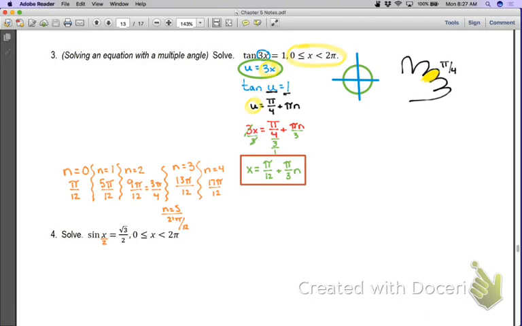I'm going to do the same thing on number 4 as I did on number 3, as far as I'm going to take what I have here, and change it to where u is equal to x over 2, not x.